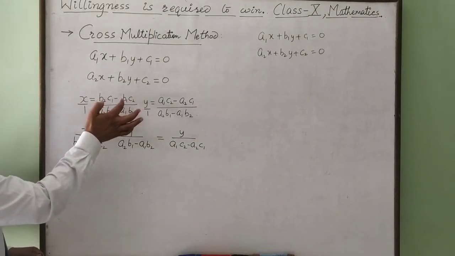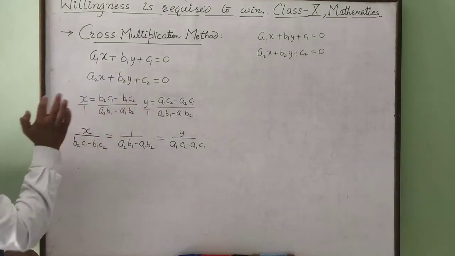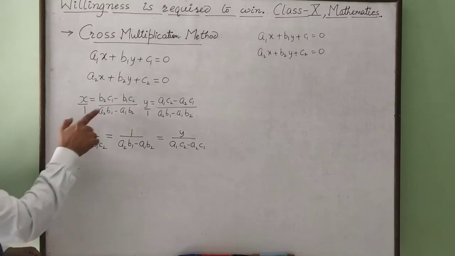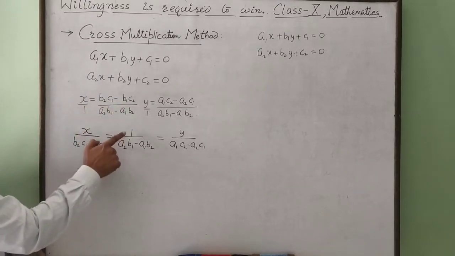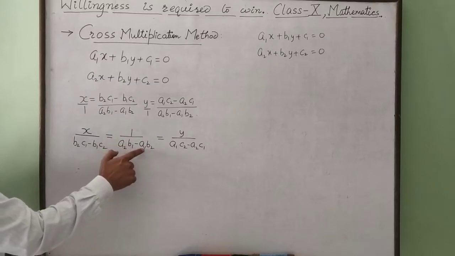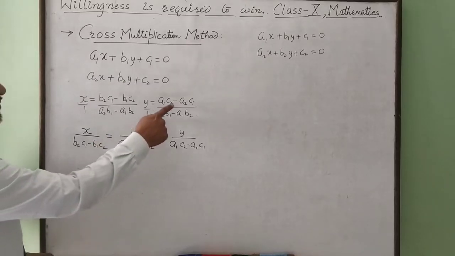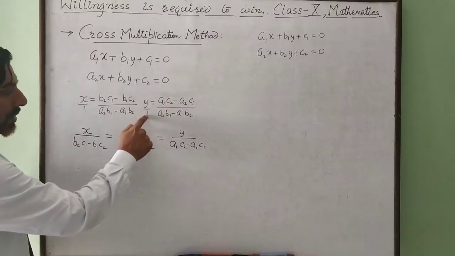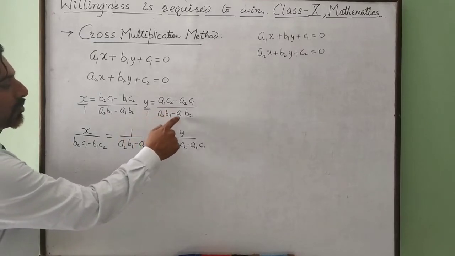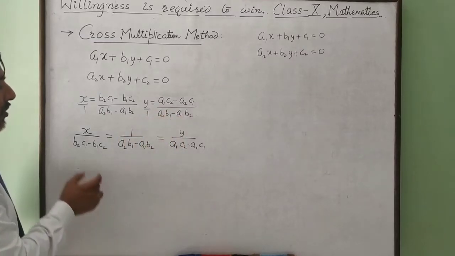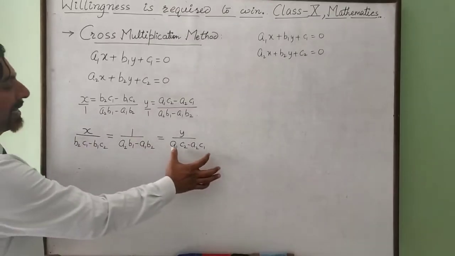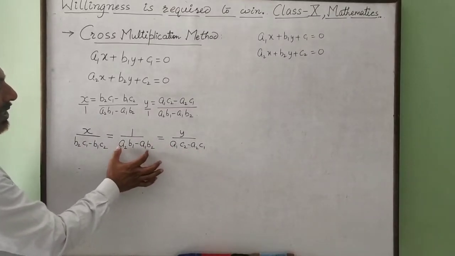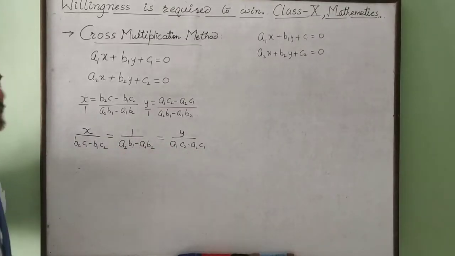This numerator, using the cross multiplication, I can write it in the denominator. So on the right hand side, I will be having 1 upon A2 B1 minus A1 B2. In the same way, if I bring this over here, I will be having 1 upon A2 B1 minus A1 B2. That means x upon this and y upon this is equal to 1 upon A2 B1 minus A1 B2.